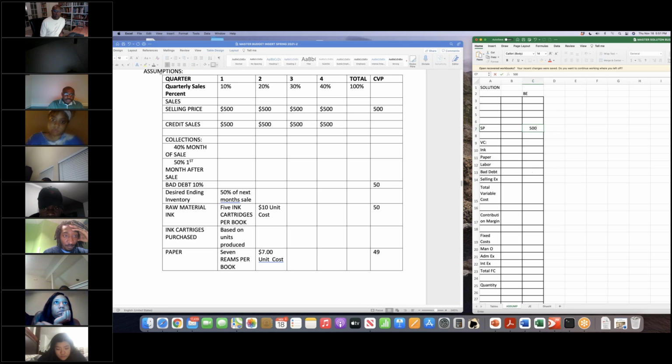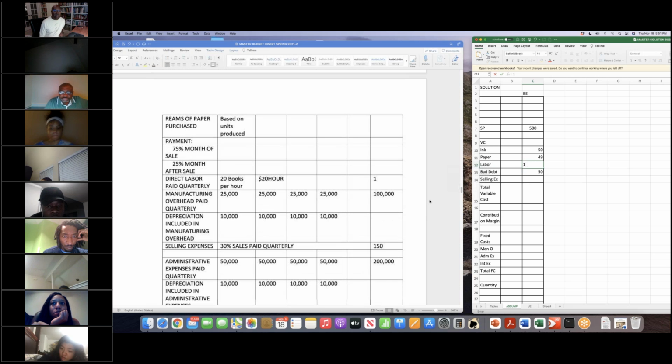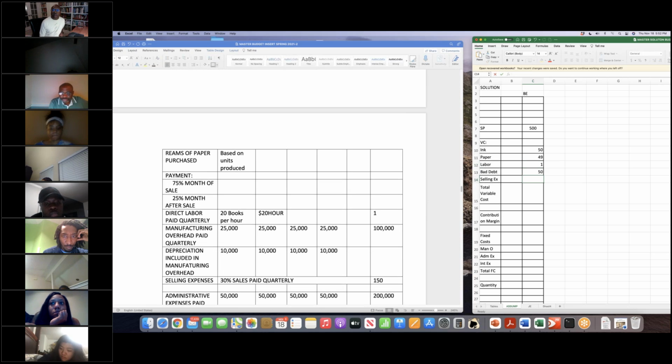Bad debt, 50. The raw materials, ink, is 50 also. The paper is what, 49, correct? How much was the labor, Tyrell? 1. And the selling expense we said, because that's variable too, was 150.